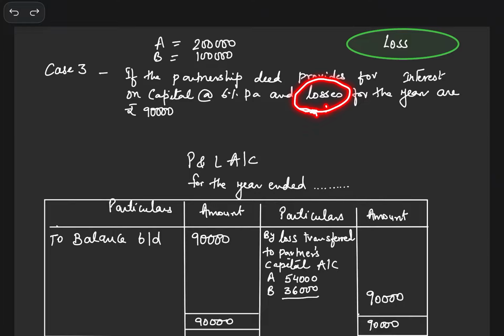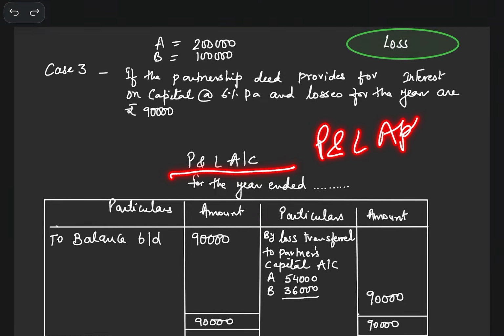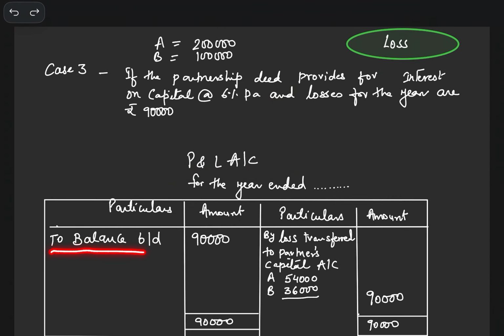So in the question, it is informed that there are losses. So whenever there is a loss, please see that we prepare profit and loss account and not P&L appropriation. So once again, we are not preparing the profit and loss appropriation account, although they are providing for interest on capital, but we cannot pay, right? Because we have losses in the organization.